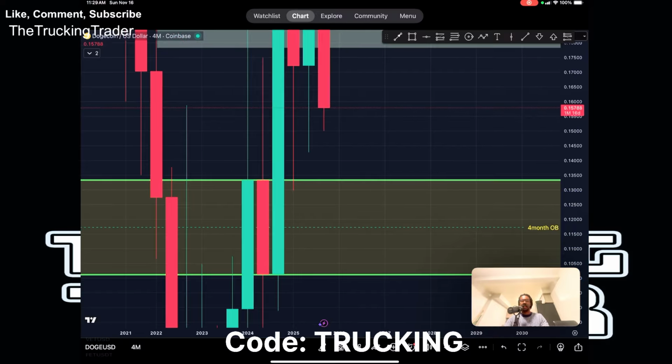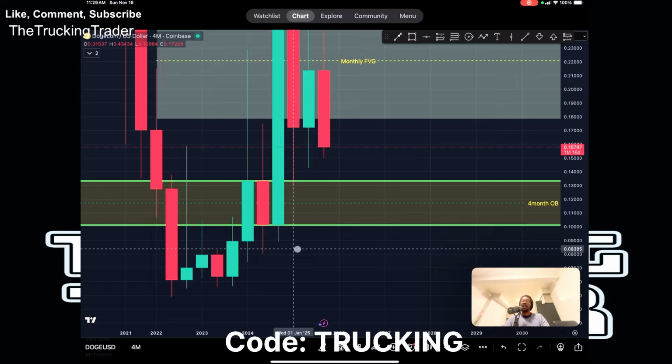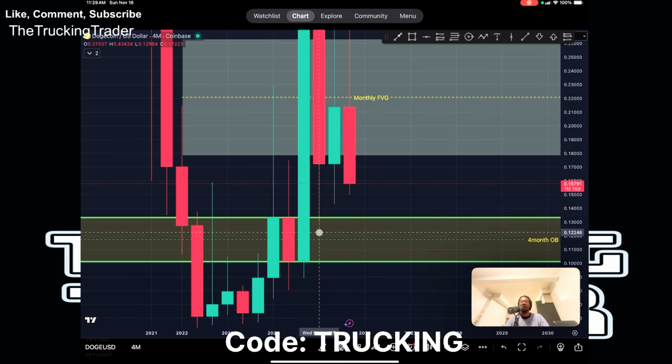And then we can lock that up right there. The reason why this is going to be an important zone is because these little lows right here, remember, this is the 4-month chart. So each one of these candles represents 4 months of price action. So this low down here is going to be significant.